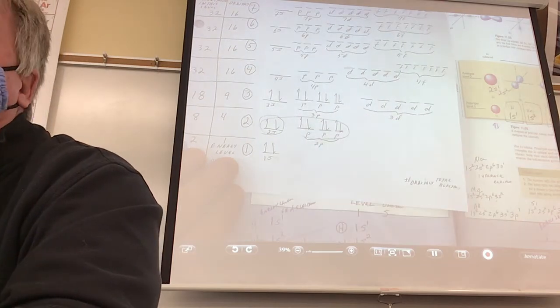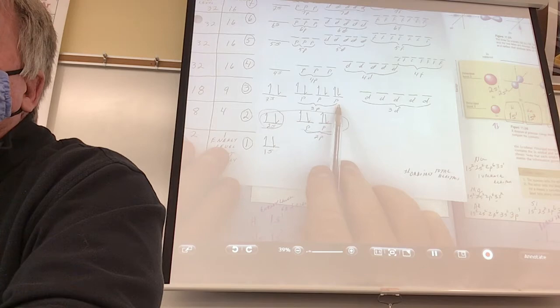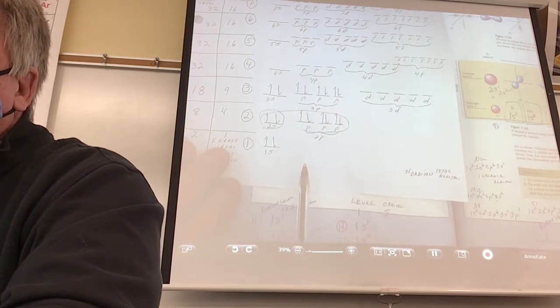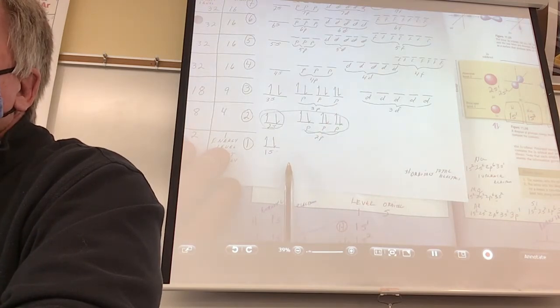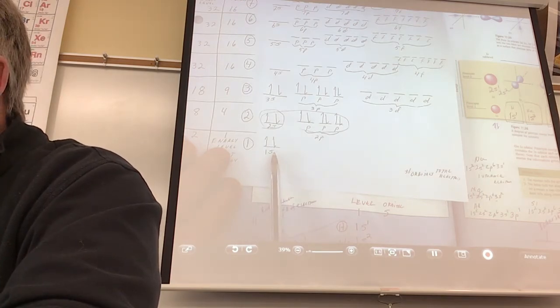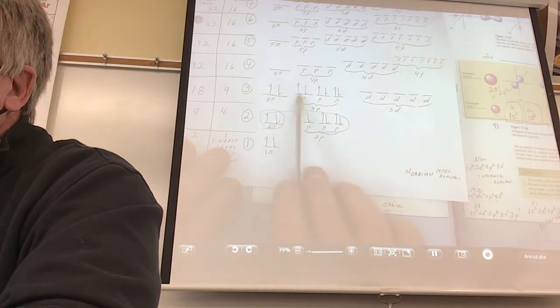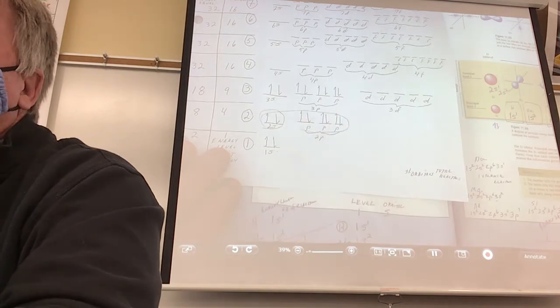What element is that right there? Delaney, what element are we at right now? Count them up. Okay, let's try it. 2, 4, 6, 8, 10, 12, 14, 16, 18. Who's number 18 on the periodic table?